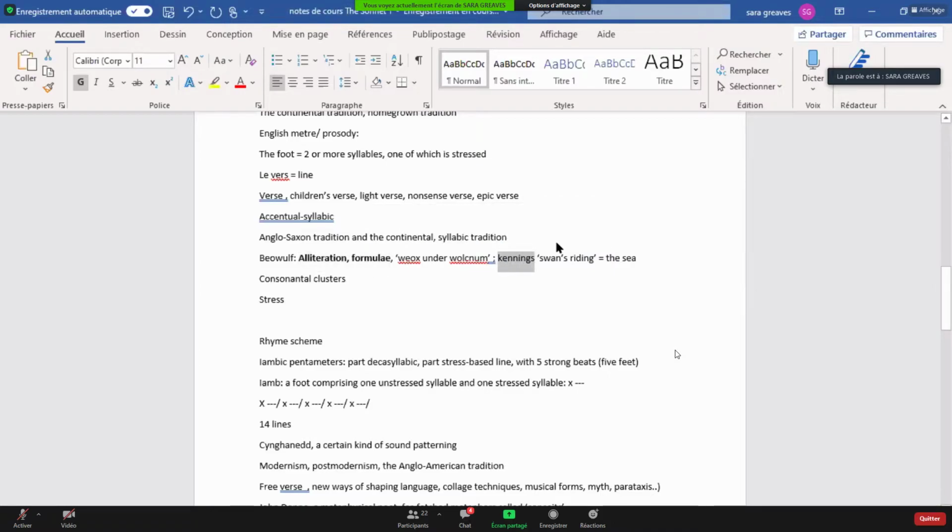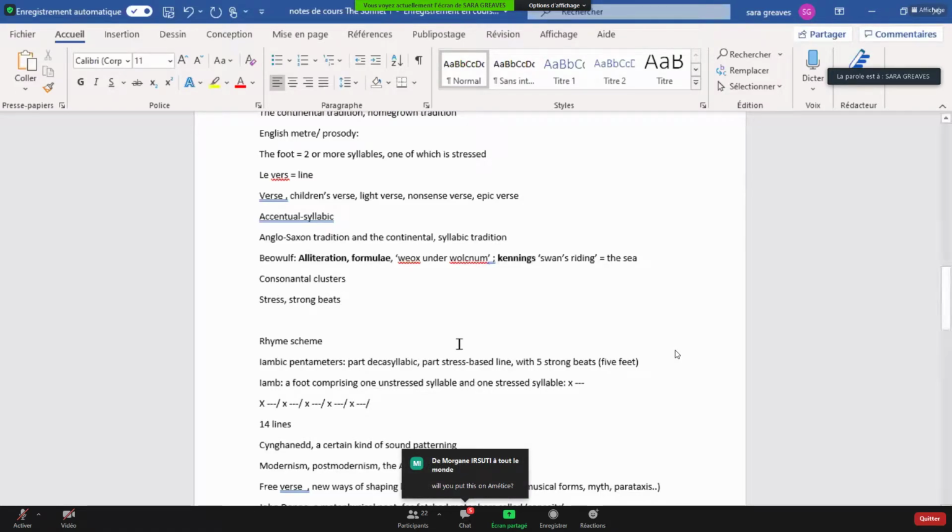Kennings are epithets, ways of referring to everyday objects. The sea, for instance, being described as swans' riding. You get them in Homer, you get them in all epic verse, in fact, these formulas that keep coming back. Okay, so stress or accent or strong beat, those are different ways of referring to them.